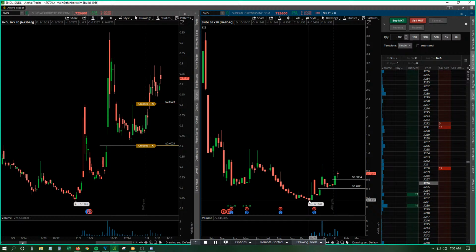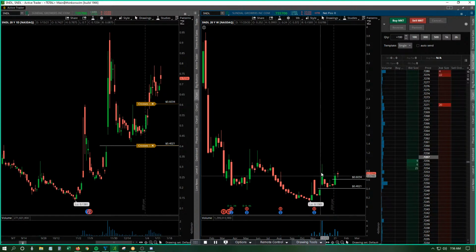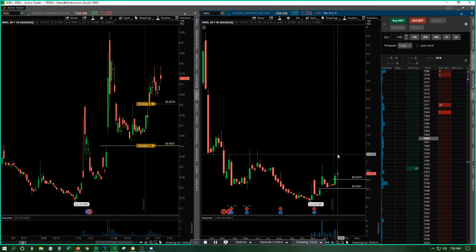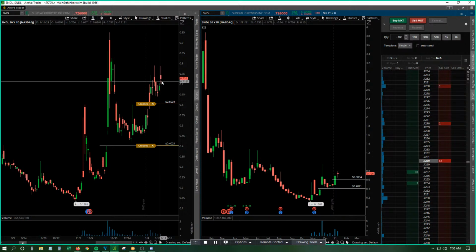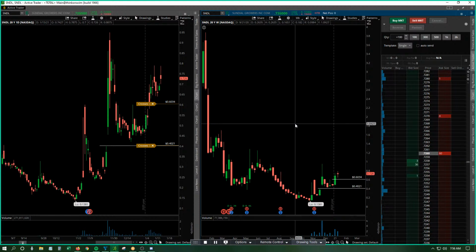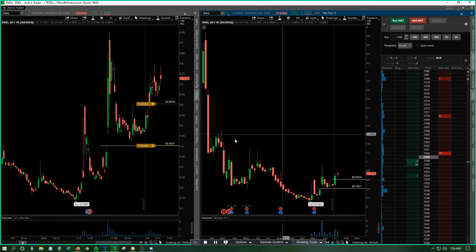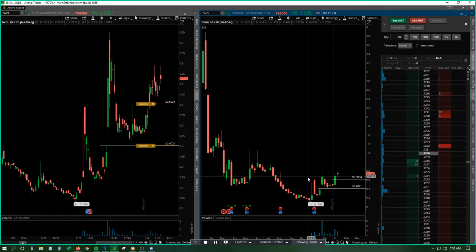Set the low at 13 cents. Higher low, higher high, higher low. Next, we would expect a higher high off of this higher low, above a buck. I mean, this thing is 72 cents. So even with 1,000 shares, you're looking at 720 bucks worth of risk.